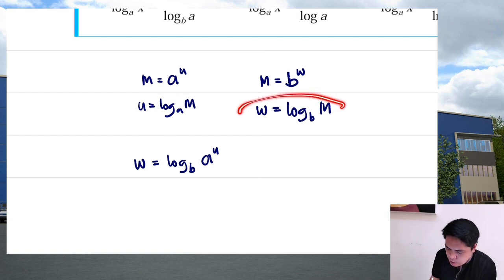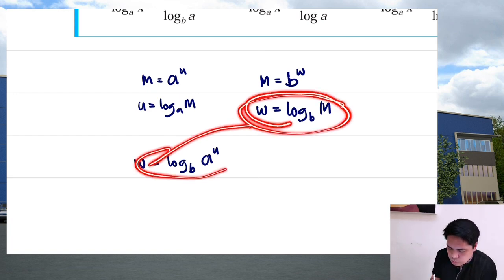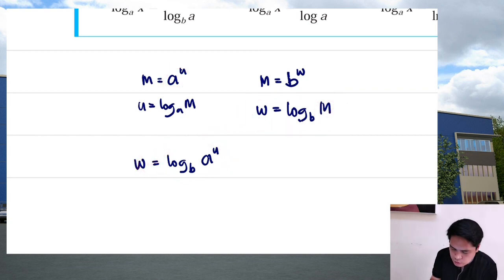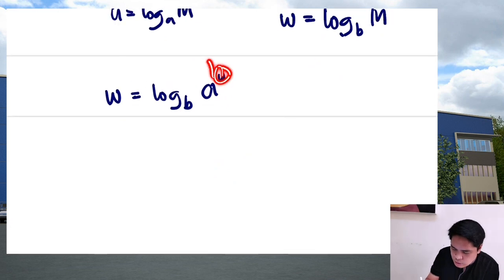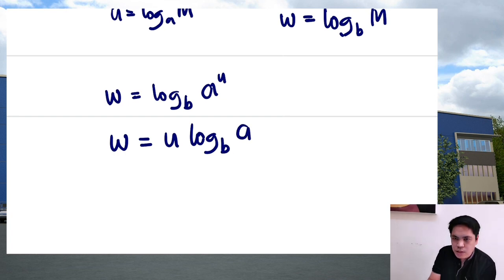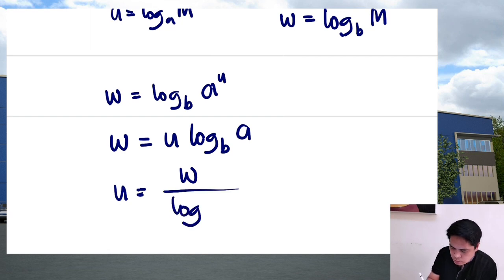I just copied it here, but replaced m with this, because that is also m. Then, from the previous property we described, when there is an exponent, we can move it as a coefficient. So, we have w is equal to u times the logarithm of a to the base b. Now, solving for u, it would be equal to w over the logarithm of a to the base b.